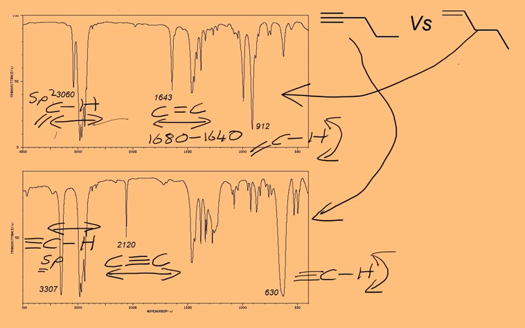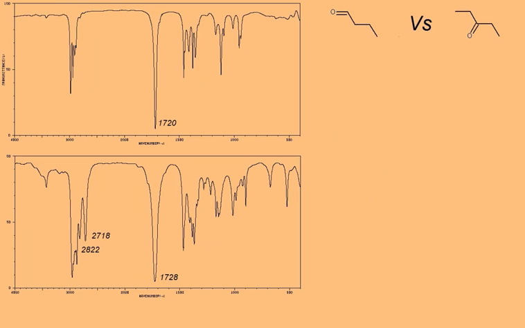Let's take a look at another. This one is trying to distinguish between an aldehyde and a ketone. So let's look at the peaks that we have again. First spectrum, only really one significant peak. This one at 1720, which is right in the middle of our range for a carbon to oxygen double bond stretching vibration.